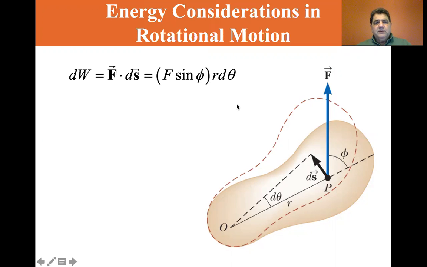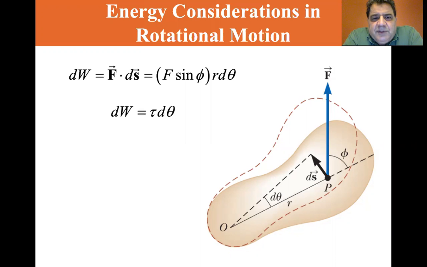So you see the work done is the F sine phi, that portion of the force that's along the line of ds. You can see the ds there. Well, ds is equal to r d theta. So the force dot ds is F sine phi times r d theta.